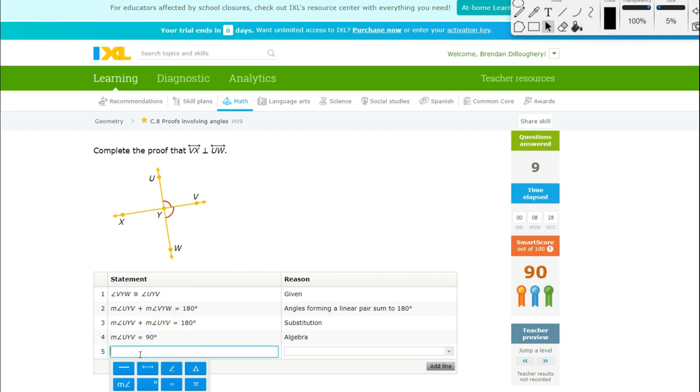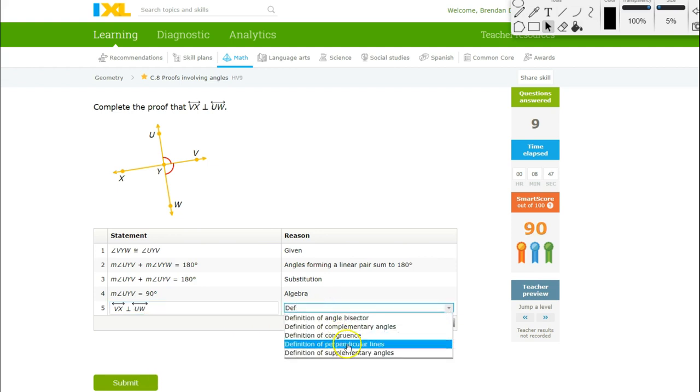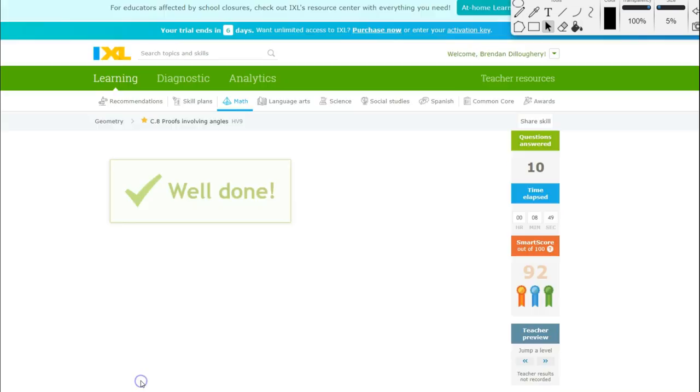And so then we can say, again, we're trying to complete the proof that these two lines are perpendicular. So if they meet to form a 90-degree angle, well, then I can say that line VX is perpendicular to line UW. I always know the last step of the proof has to end with the exact way they want it. And the way we know is the definition of perpendicular lines, okay?